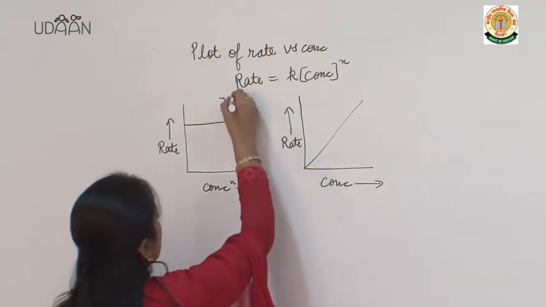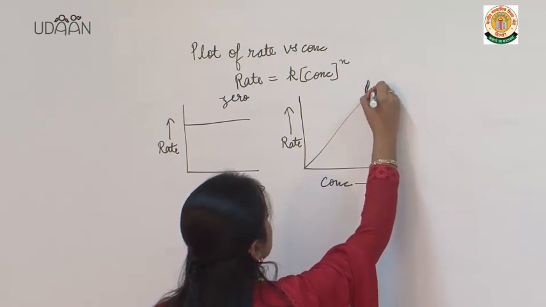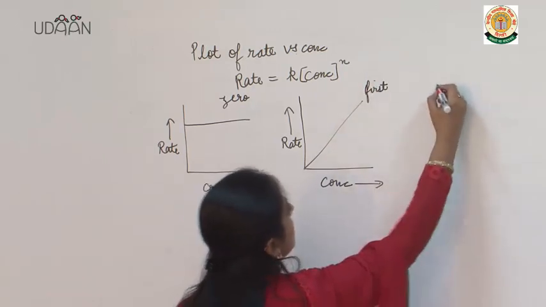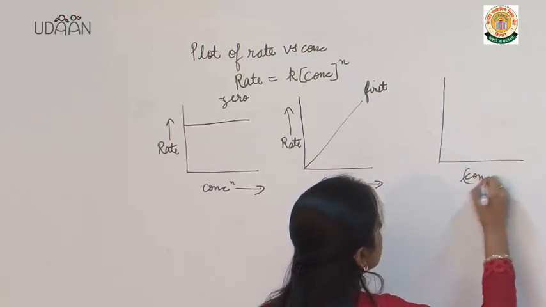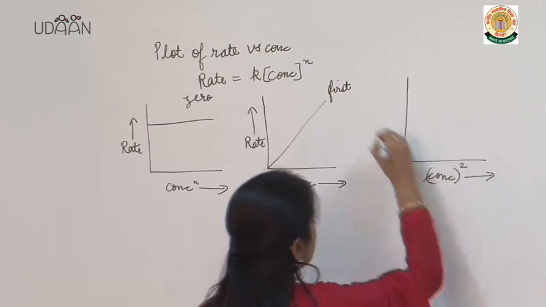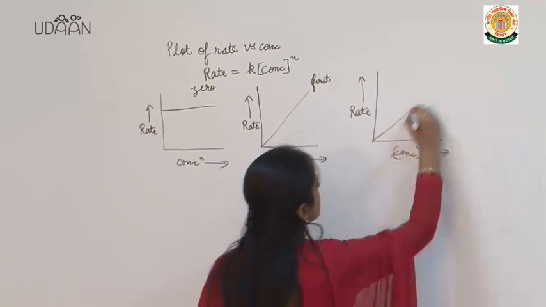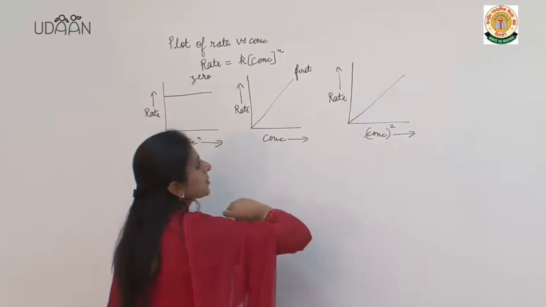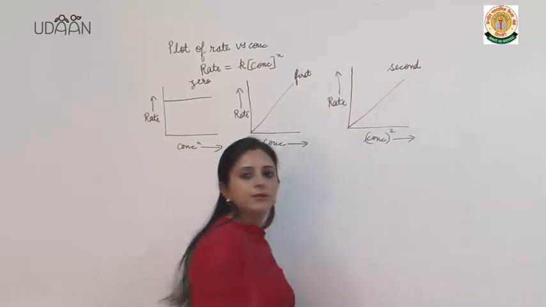So this is a zero order reaction, this is a first order reaction, and when I plot it for a second order reaction I will have to take concentration square, because rate is directly proportional to the square of concentration. So since it is directly proportional, again I get this line, and this is for a second order reaction.